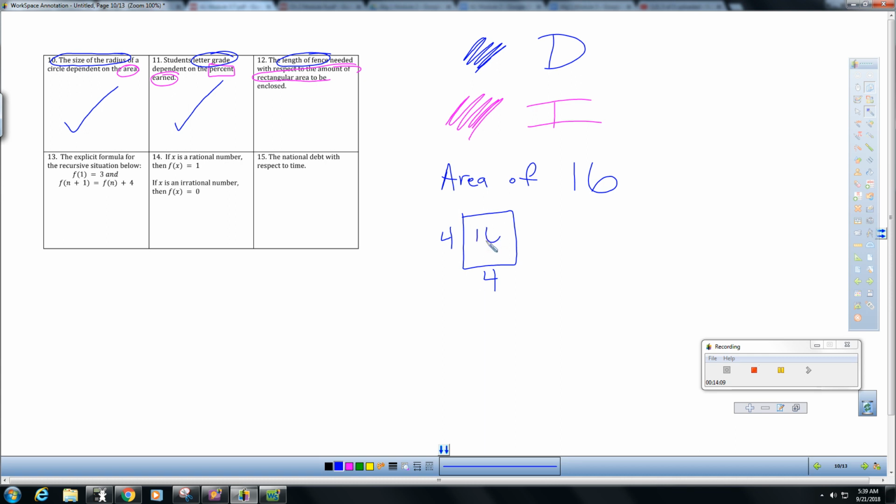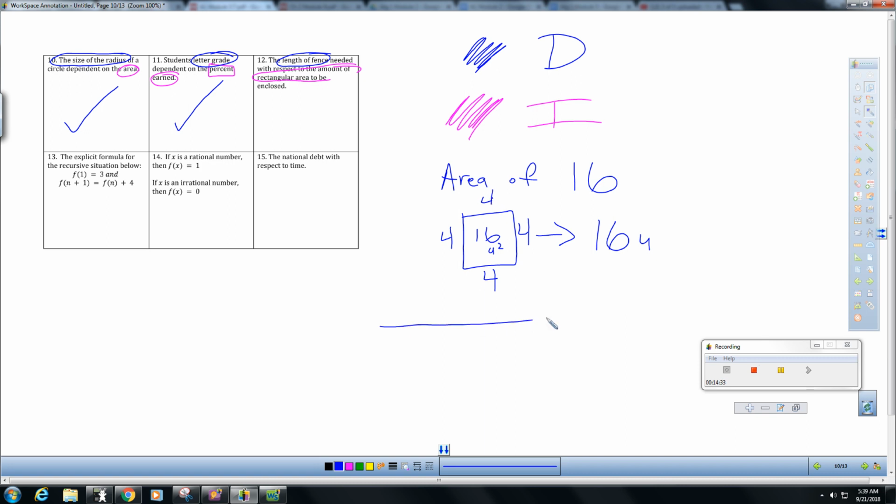So the area of this is 16 square units, 4 times 4. And the perimeter, the amount of fence, would be, well, 16, which is kind of weird. It doesn't happen very often. So that would be 16 units. 4 plus 4 plus 4 plus 4 is 16.